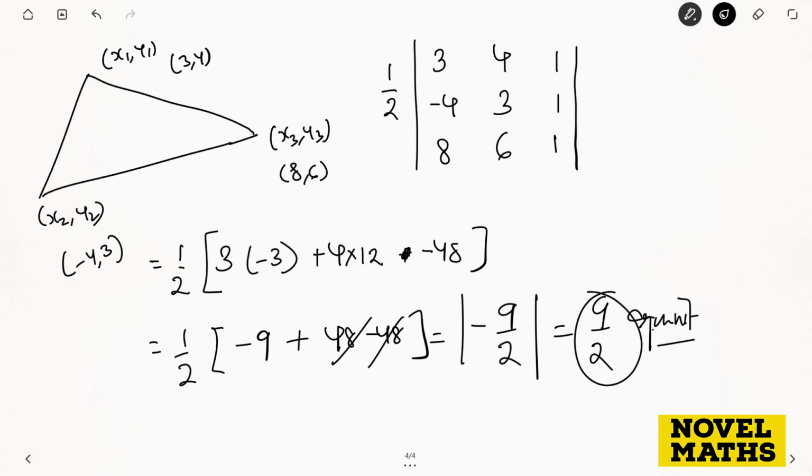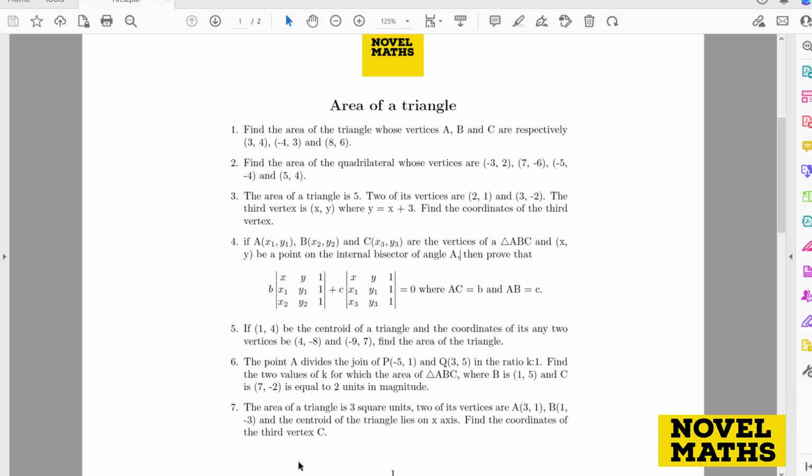So this is the answer, 9 over 2. This is done. Let's move to the next question.